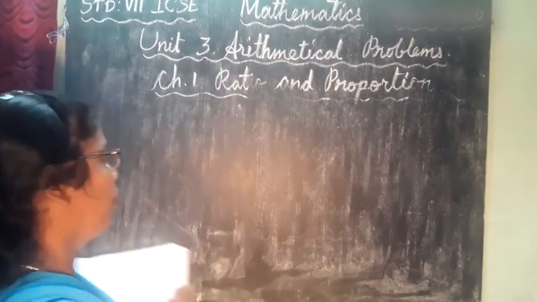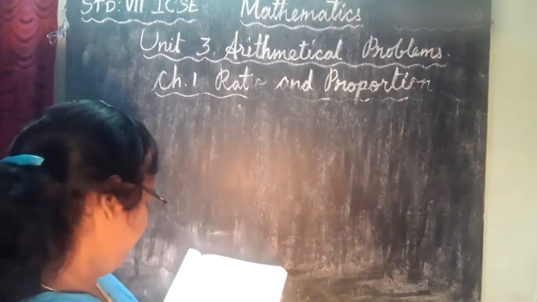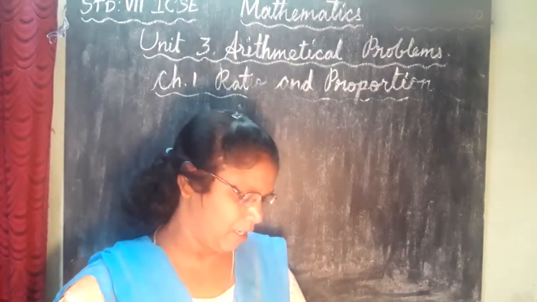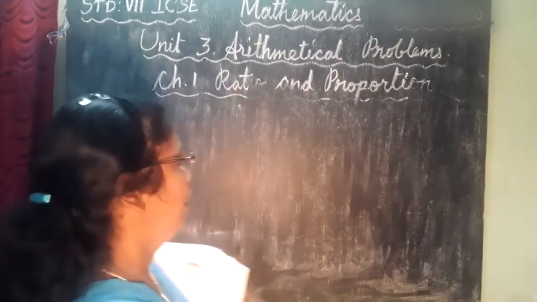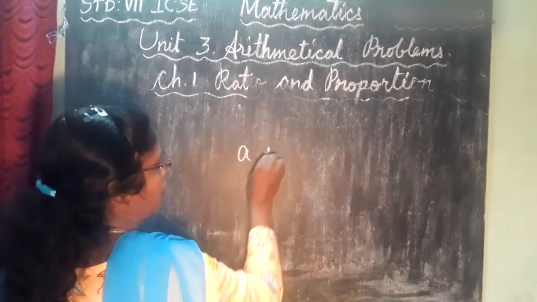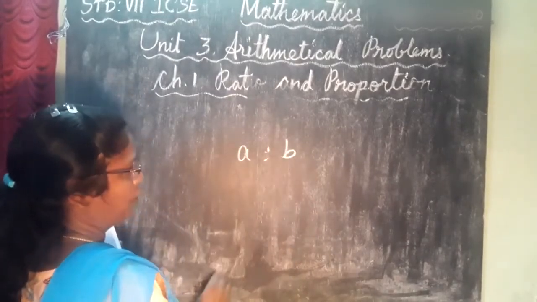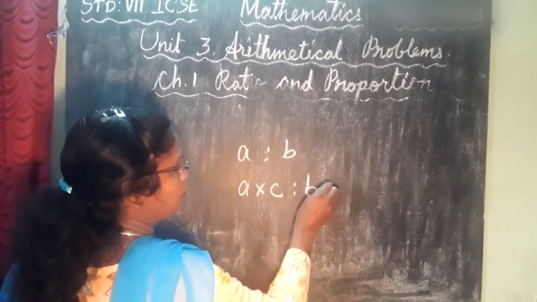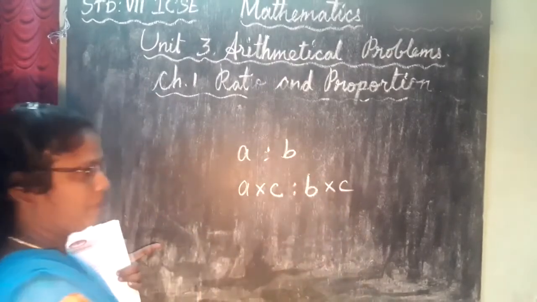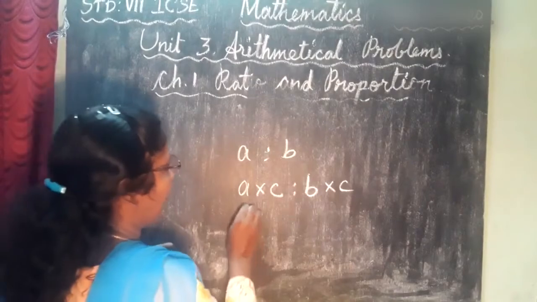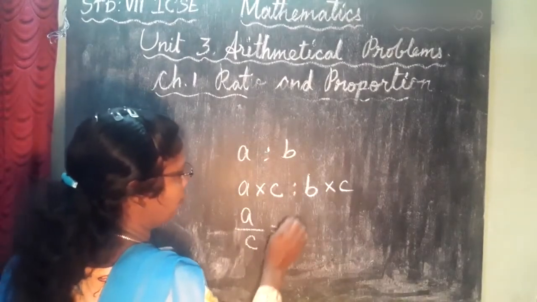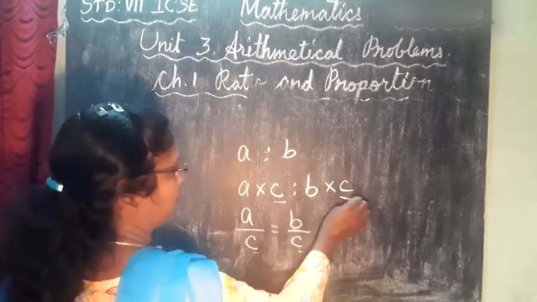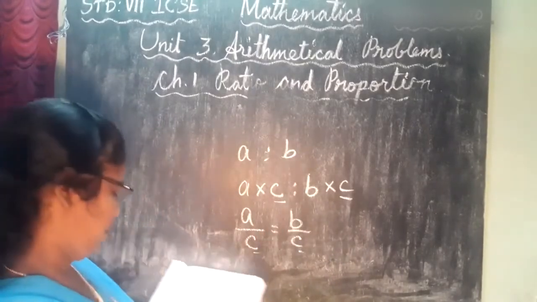Second point: if both the numbers of a ratio are multiplied or divided by the same number, that means here A is to B is there. We are writing the ratio form. Suppose A is multiplied by C, then B also should be multiplied by C. Or A is divided by C, then B also should be divided by C. Understood?